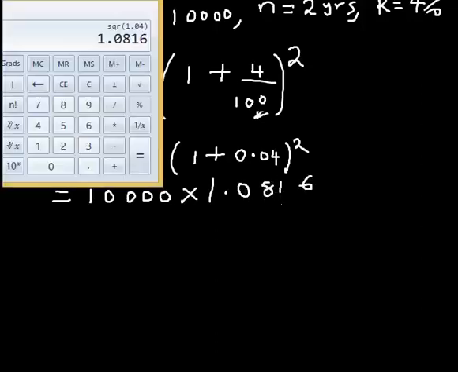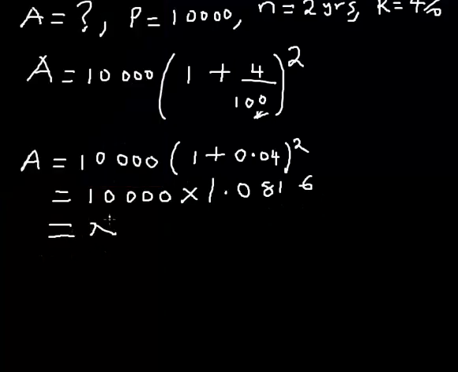So multiply that by 10,000. I have 10,816. So the amount for the entire 2 years of the compound interest is 10,816 naira.